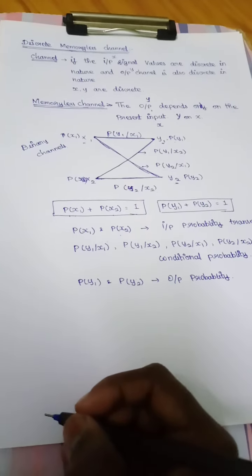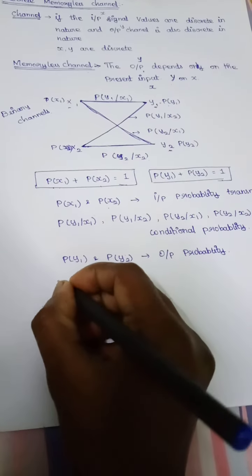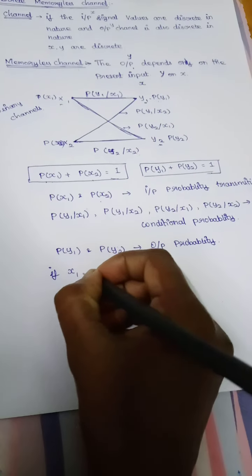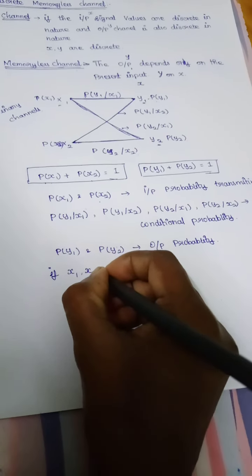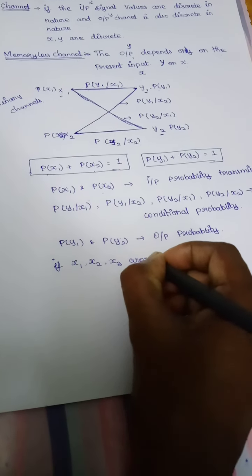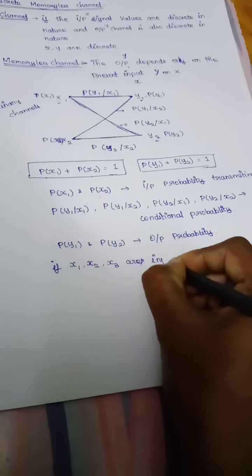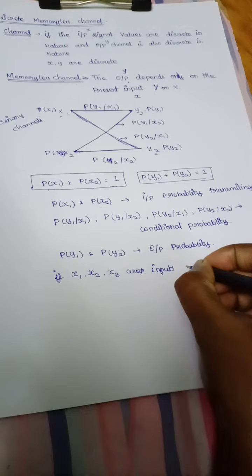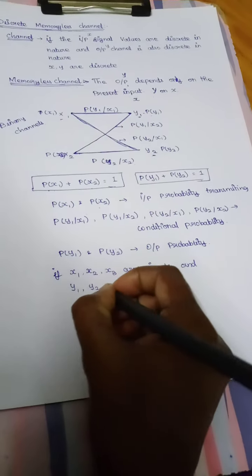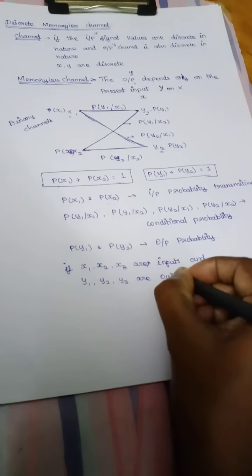Now we'll see more numbers of inputs. If x1, x2, x3 are inputs and y1, y2, y3 are outputs.